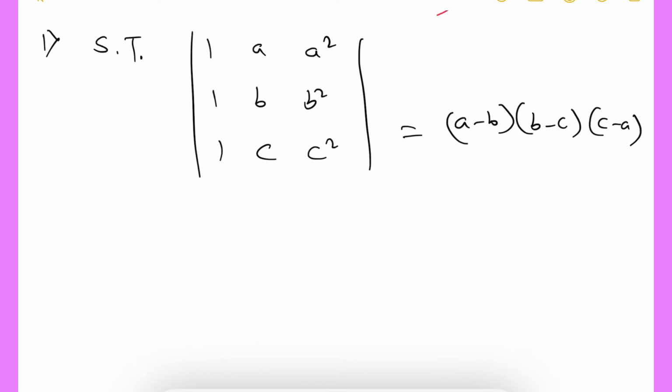So in this, what we will do? We will do some changes in the elements, especially in a single row or two rows or one column or two columns or the entire matrix. So now let us check one by one.